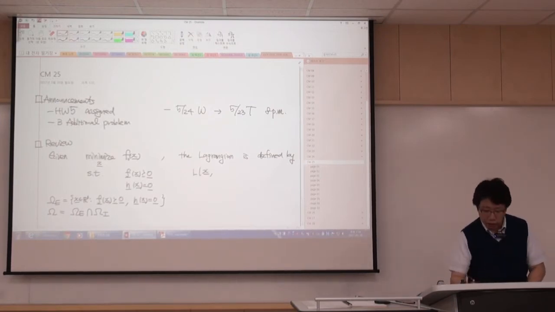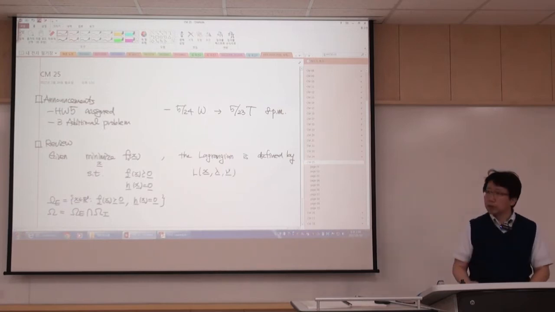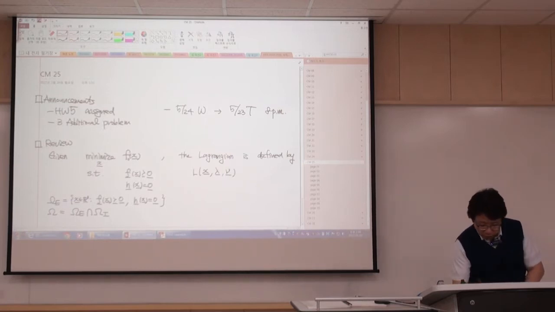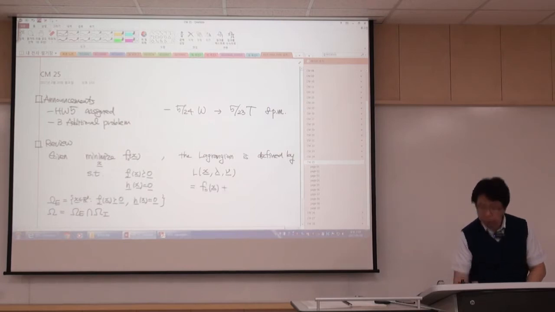Not only x, but also we introduce lambda and nu such that this function is the summation of the objective function plus lambda transpose f underscore of x.